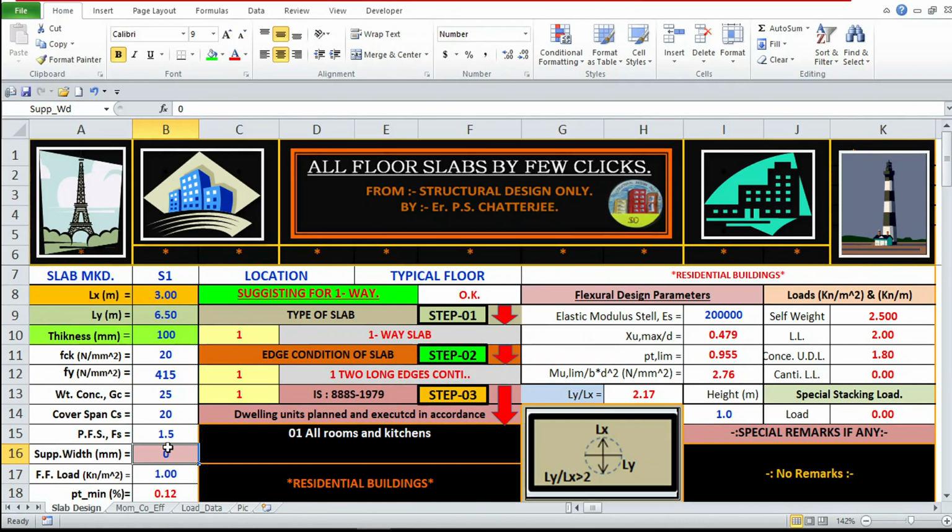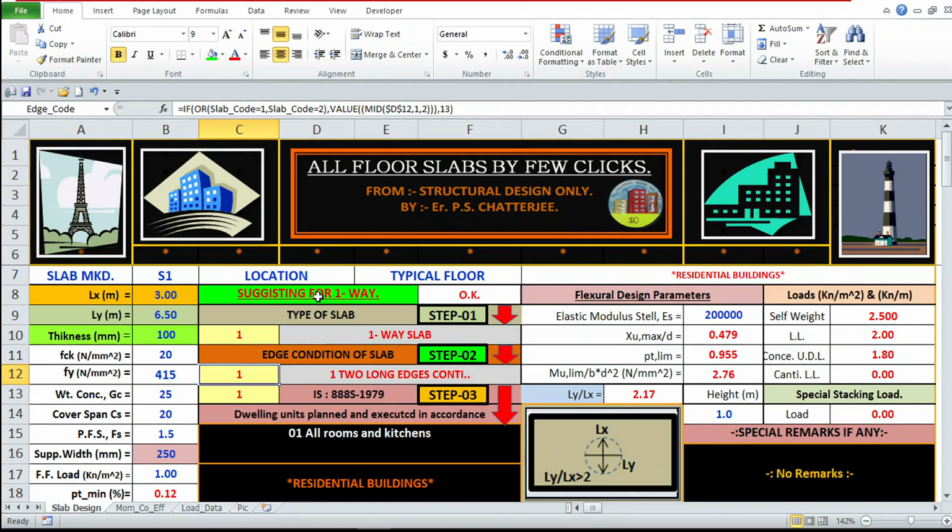So then you have to take 250 plus 250 divided by 2, that is 250. Minimum percentage of steel for M15 grade, if we change fck to M15 grade, then it will be 0.15. Otherwise, it is 0.12.